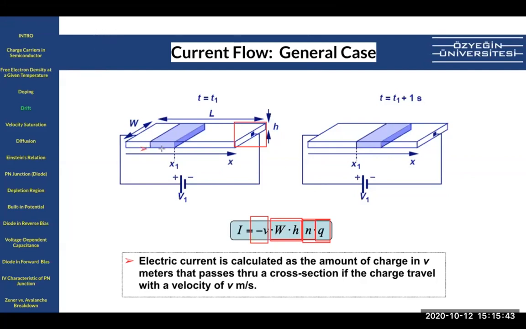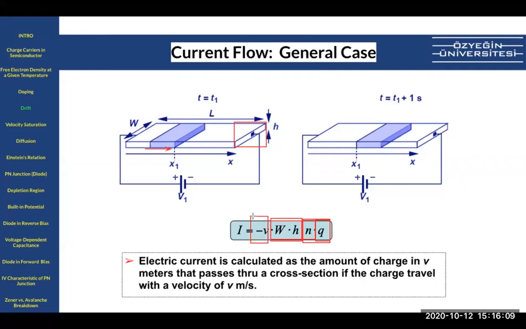So we basically make it from 2D to 3D, bringing the x dimension into the equation. The current is always defined per second, it's the derivative of charge. So it is the charge flowing divided by time, or the derivative of charge with respect to time.